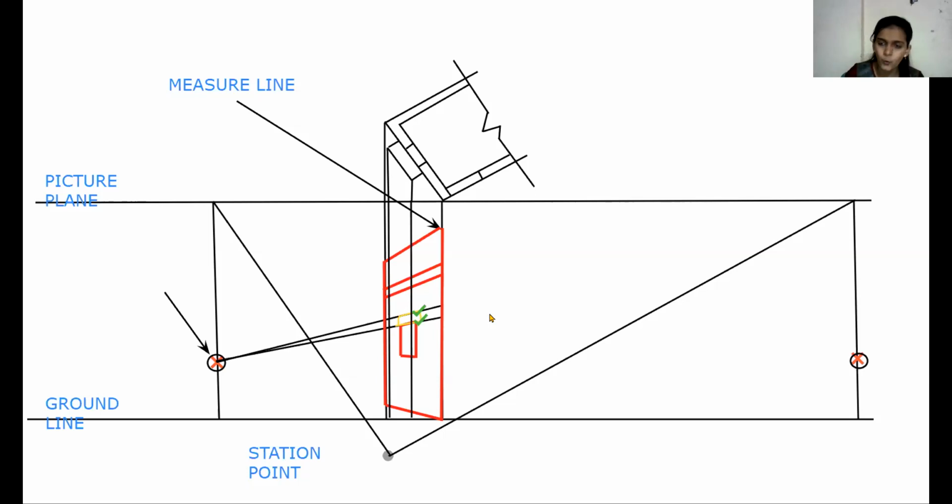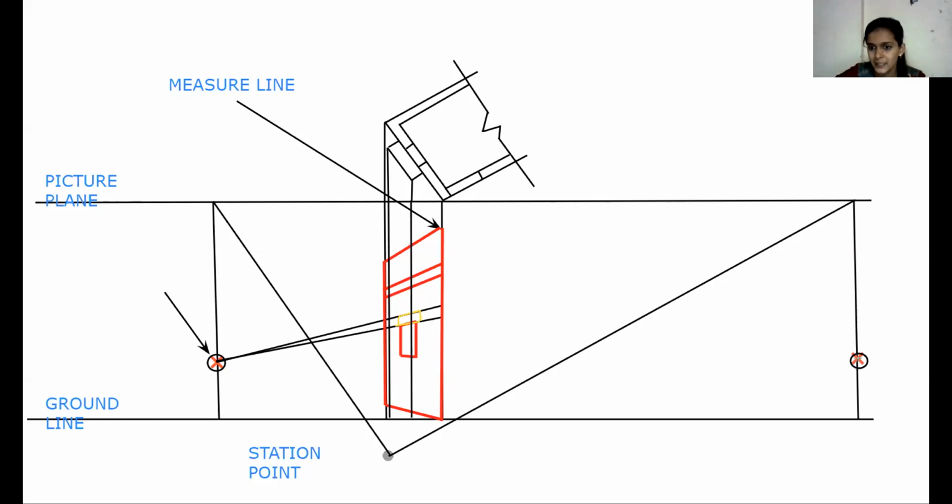If the same window is on the opposite side, then we first connect it to the right vanishing point, and for the further projections we connect it with the left vanishing point. But now consider these 2 right side points only, and connect them with our right side vanishing point.